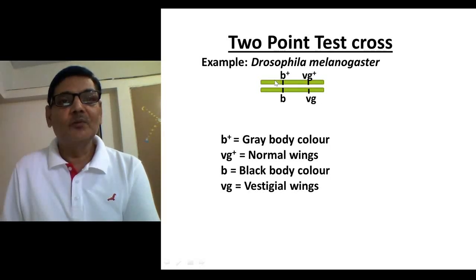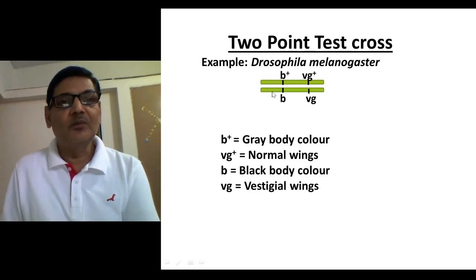But you may also find individuals in which there will be a gamete with B plus and Vg, and that combines with B and Vg, then such individuals will be gray bodied but vestigial winged.